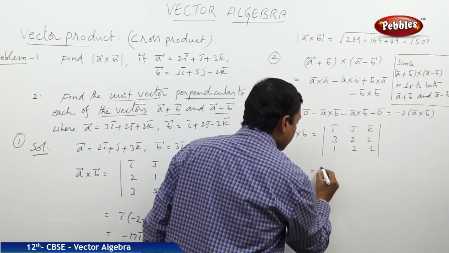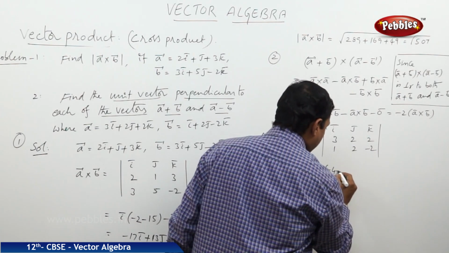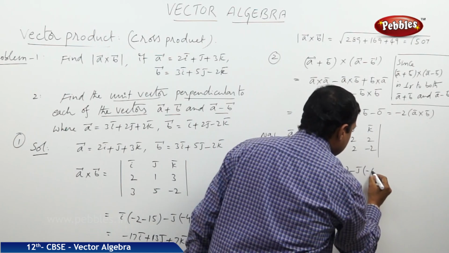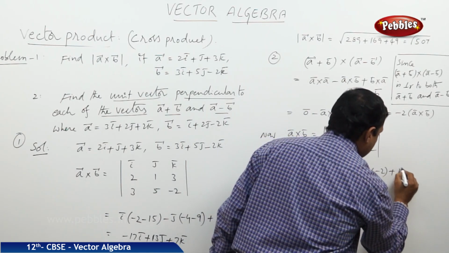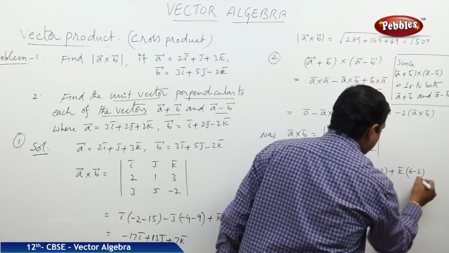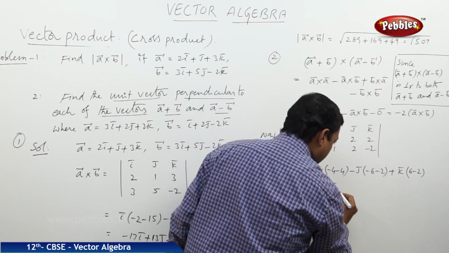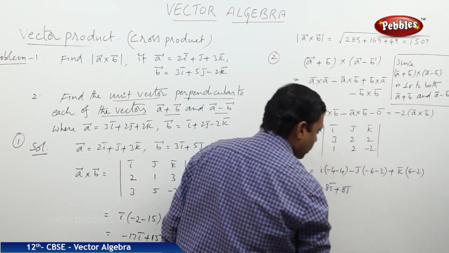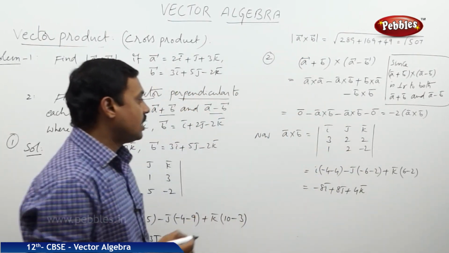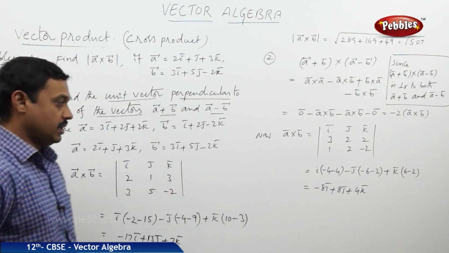Now i into minus 4, minus j into minus 6 minus 2, plus k into 6 minus 2. Therefore it is minus 8i, minus of minus, plus 8j plus 4k. Now this is the vector perpendicular to A plus B and A minus B.